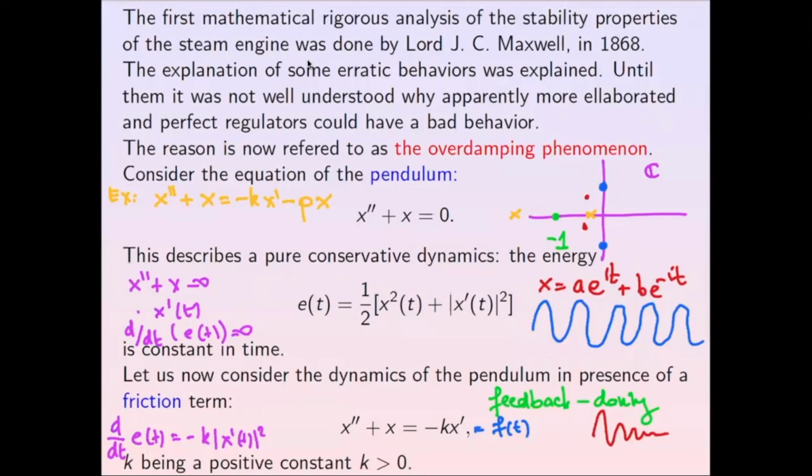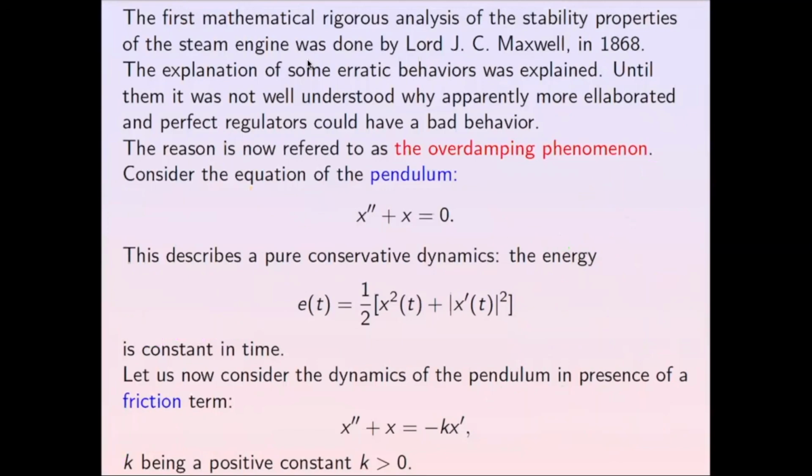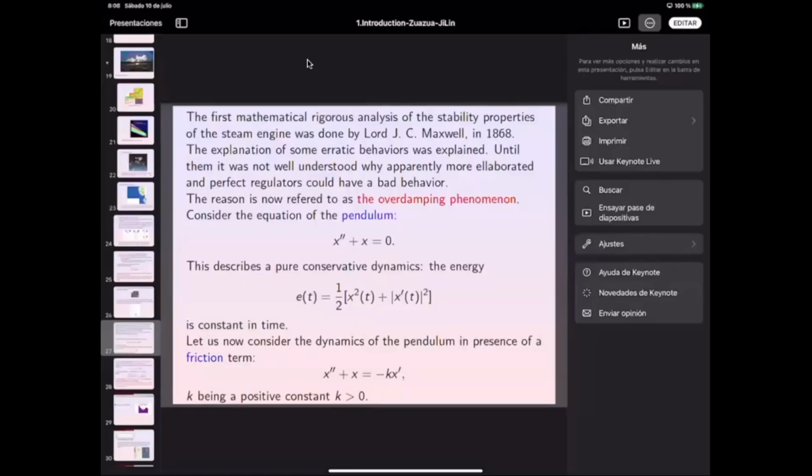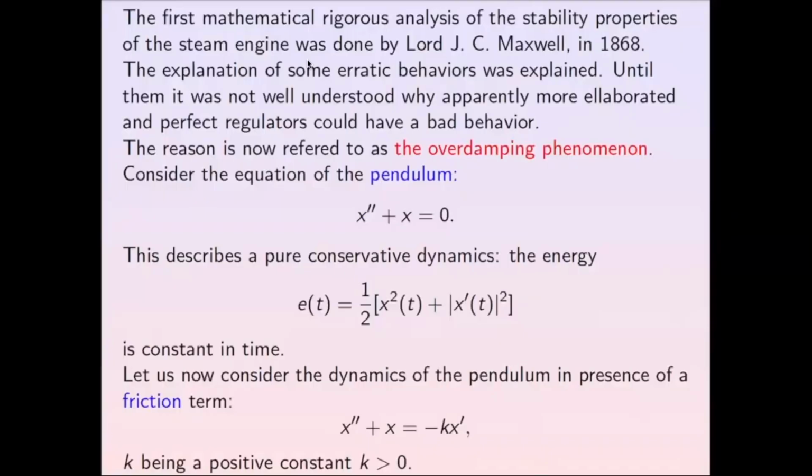So this is a new feedback mechanism: X double prime plus X equal to minus K X prime minus P X.